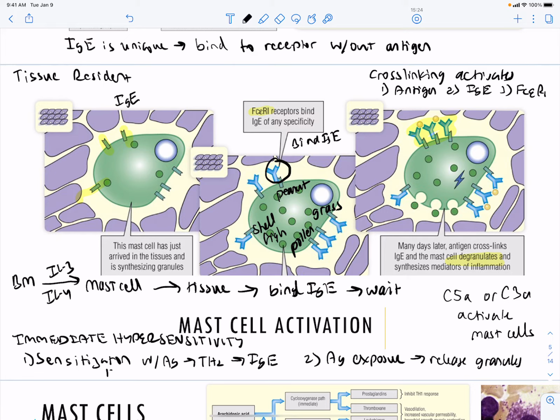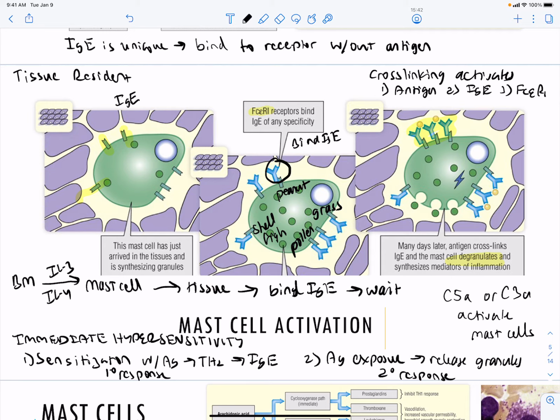So this is a primary response, and this is considered a secondary response. So we talked about activation to effector to memory, and then memory cells occur faster, and that's the same thing with this mast cell story.